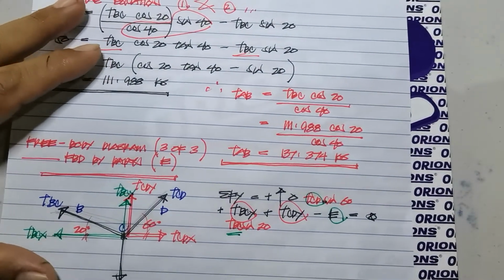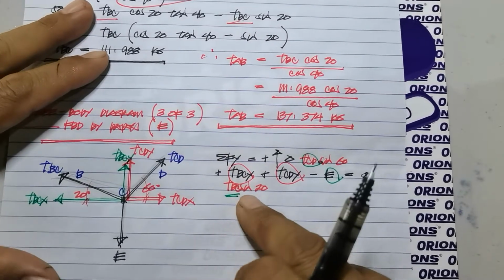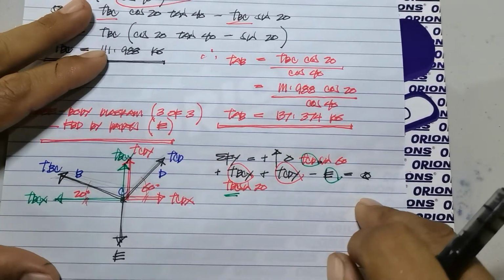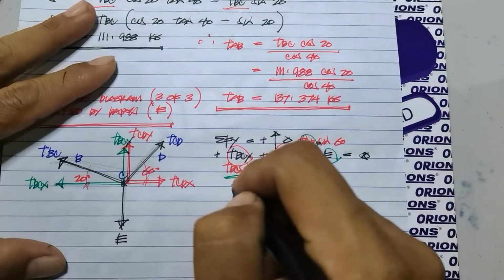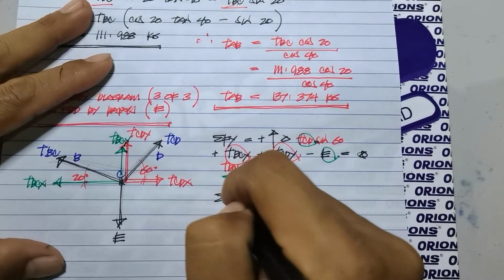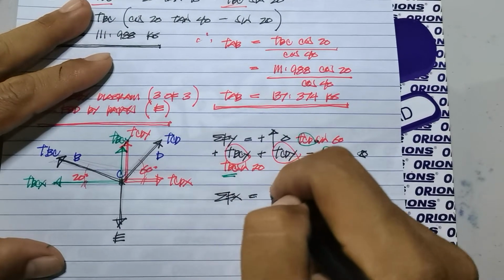So, for the time being, we cannot simplify the vertical equation. Meaning, we still have to go through the horizontal equation.